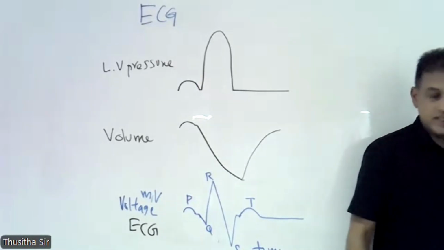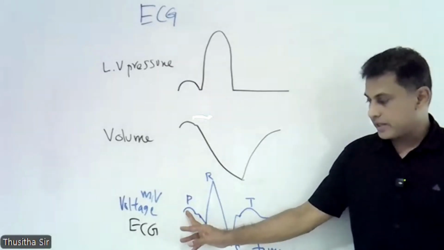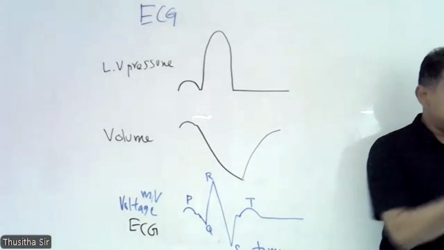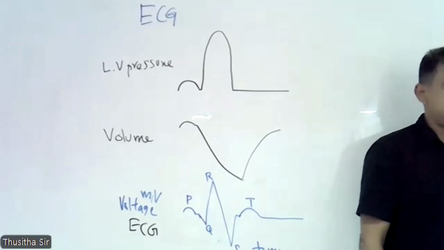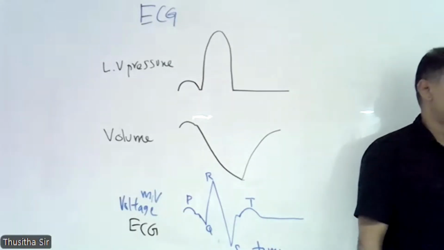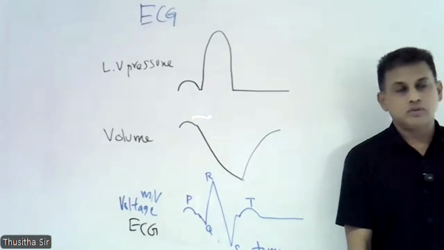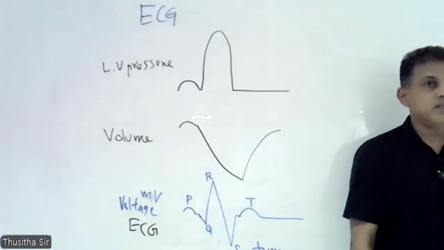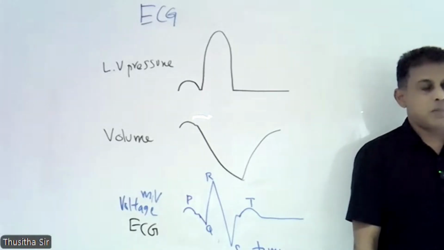So then you can write what each of these things exactly is. The P wave: just write P wave, atrial depolarization.